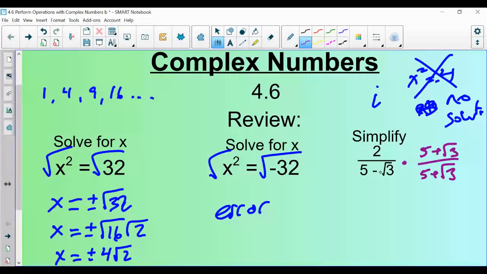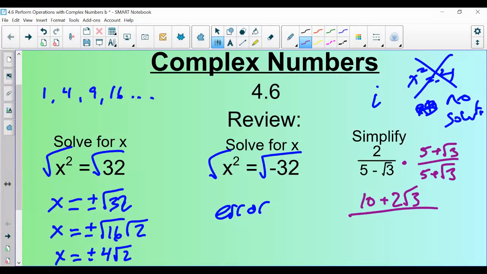So instead of 5 minus root 3, the conjugate of 5 minus root 3 is 5 plus root 3. And then you should all agree with me that by multiplying by this, we're not changing the value of the number because we're just multiplying by 1. So in order to simplify this now, we'd have to distribute the 2. 2 times 5 is just 10. And 2 times root 3 would just be 2 root 3. Because one isn't in a root and the other one is, we just write them next to each other.